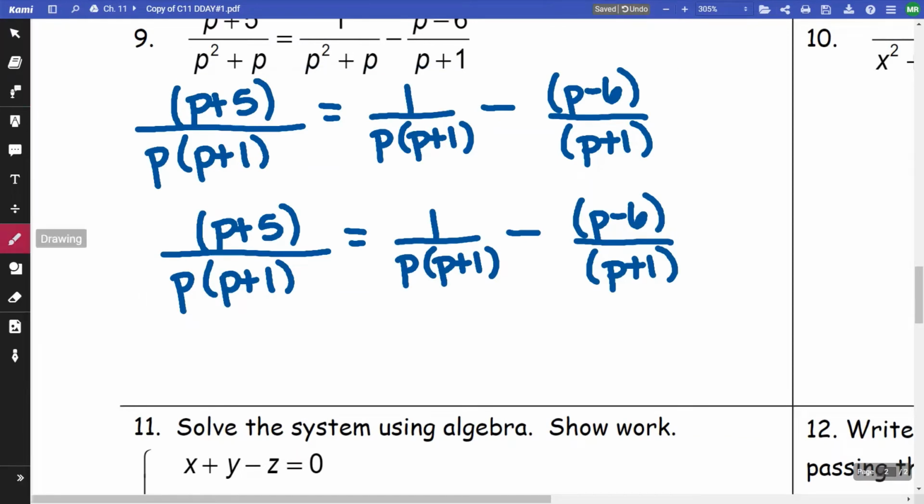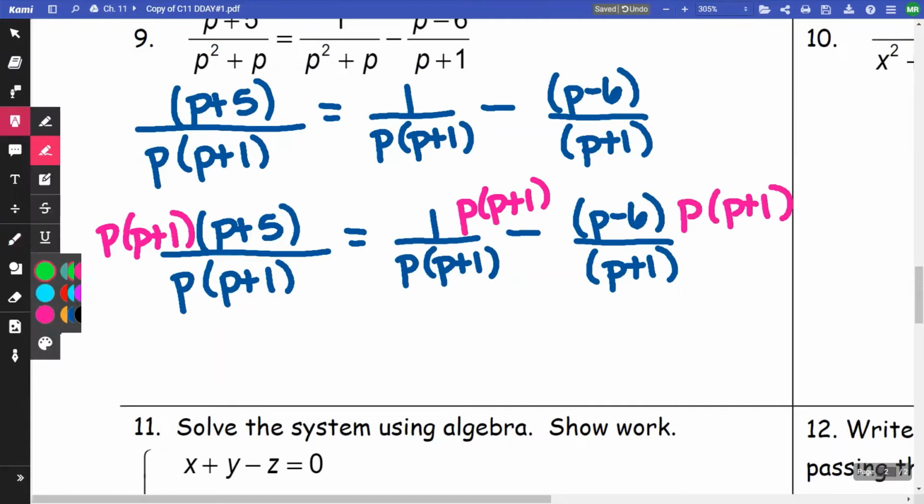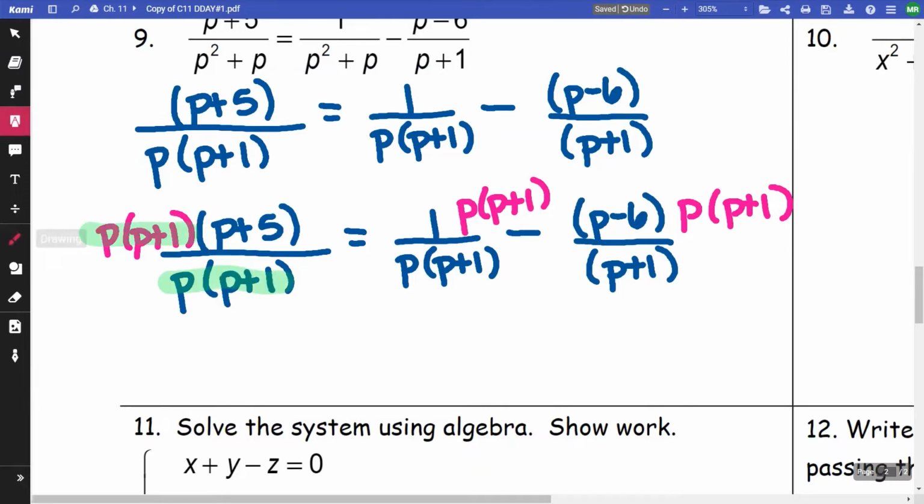And I am going to times this by p times p plus 1, p times p plus 1, p times p plus 1. And I should have things eliminate. So this whole thing is going to eliminate this whole thing. And I'm going to be left with p plus 5 equals.